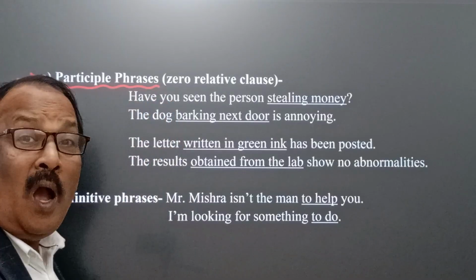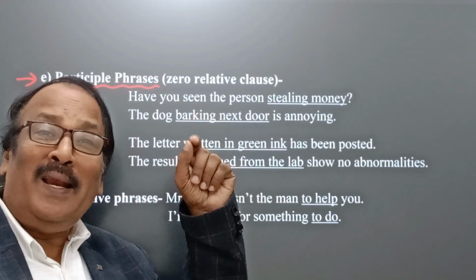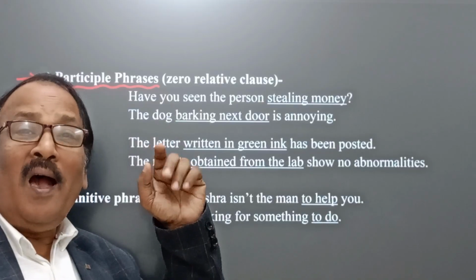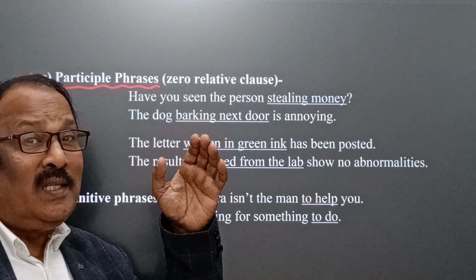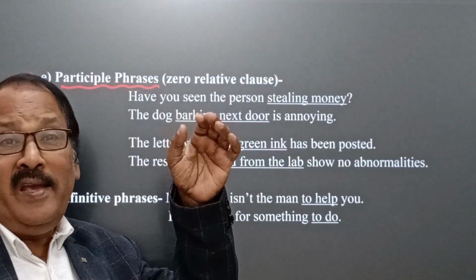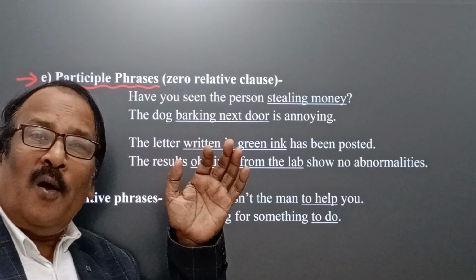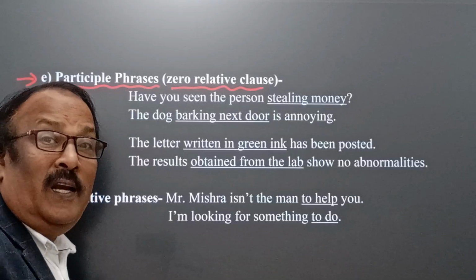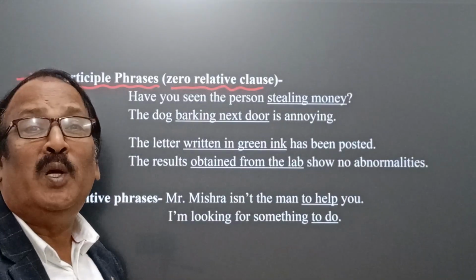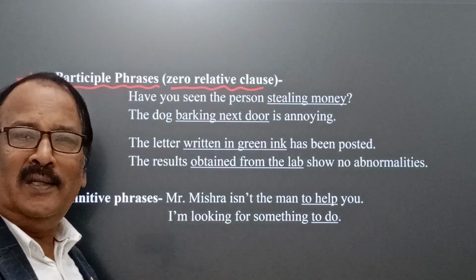Participle phrases: as we know, we have two participles, one is a present participle, another is a past participle. Present participle ends in -ing and past participle ends in -ed or -en. Whenever we omit the relative pronoun, it becomes a zero relative clause. It will be subsequently discussed.